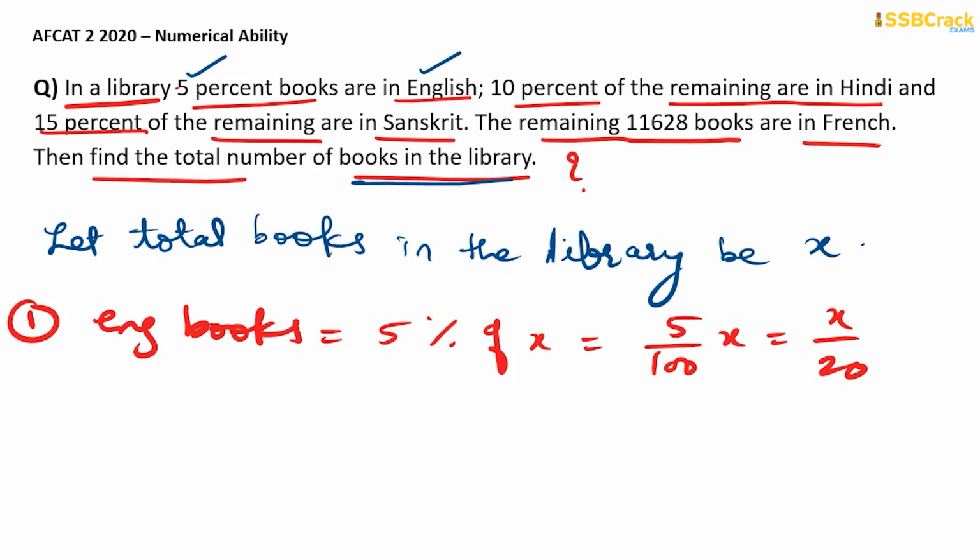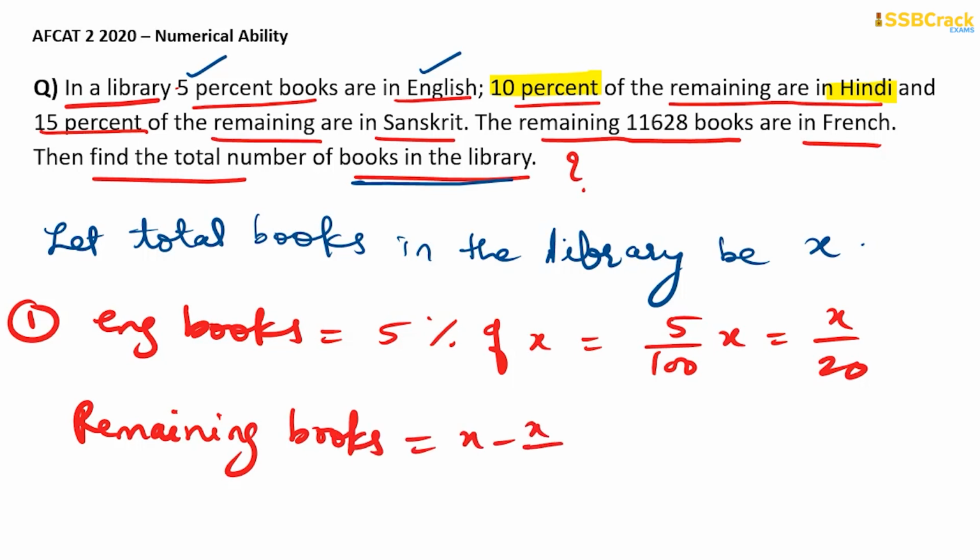Now they said 10% of the remaining books are in Hindi. That means you first have to know the remaining books, right? So once you calculate the English books, the remaining books out of X will be X minus X by 20, right? So they will be 19X by 20, isn't it?